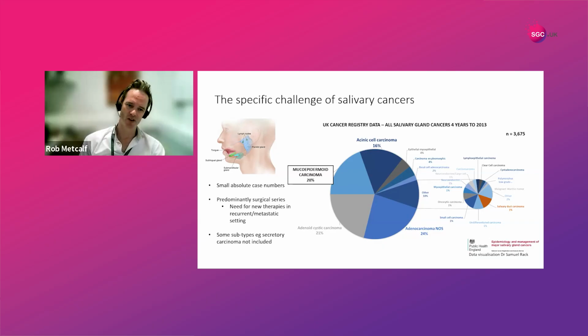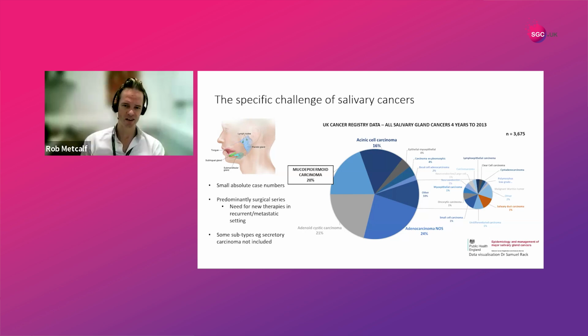Mucoepidermoid carcinoma is shown here, representing around a fifth of all new cases of salivary cancers. This is from the UK Cancer Registry data that was published a few years ago. It covers 4 years' worth of data through to 2013, and it was only 3,500 cases of salivary cancers in our cancer registry.